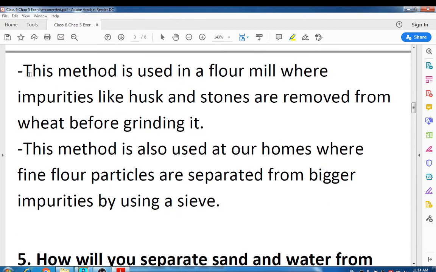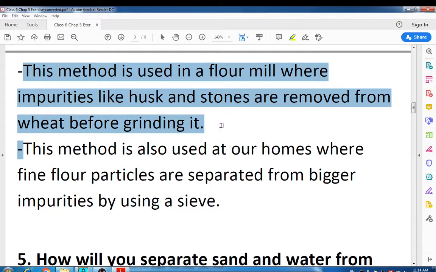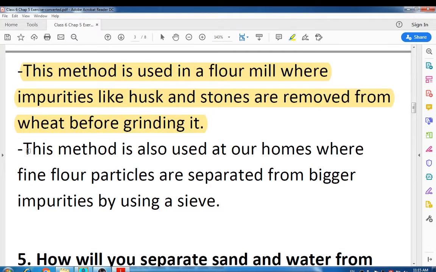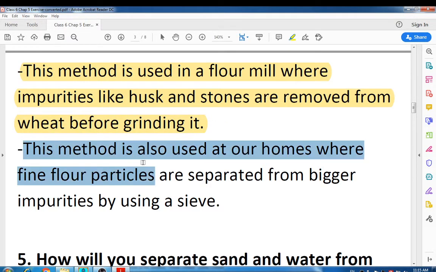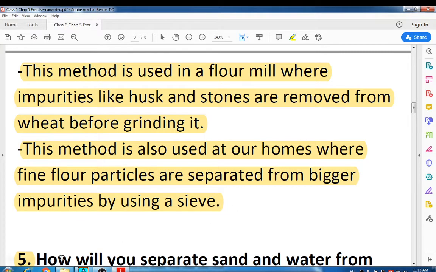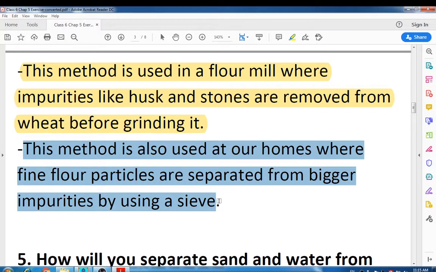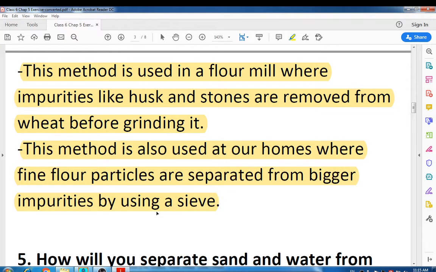Then this method is used in a flour mill where impurities like husk and stones are removed from wheat before grinding it. This method is also used at our homes where fine flour particles are separated from bigger impurities by using a sieve. Here you can add the construction point also. Okay, at the construction site also we are using the sieving method.